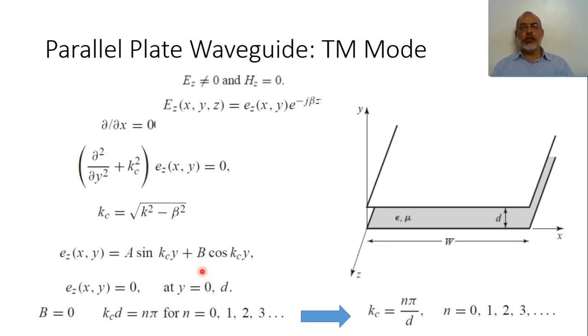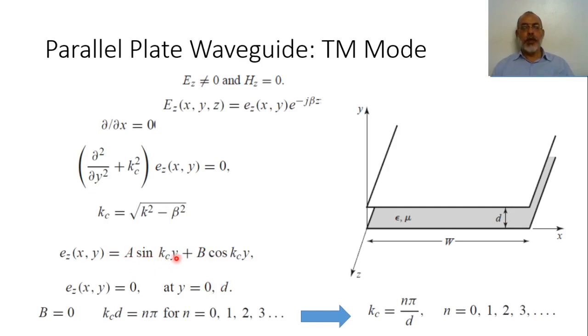So b should be 0. On the other hand, at y equal d, now we don't have this component because b equals 0. At y equal d it would be a sine kcd.